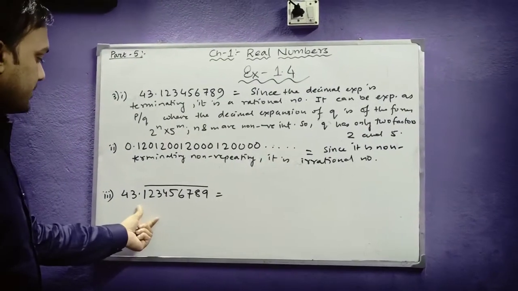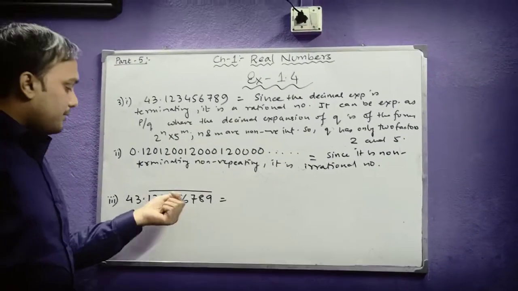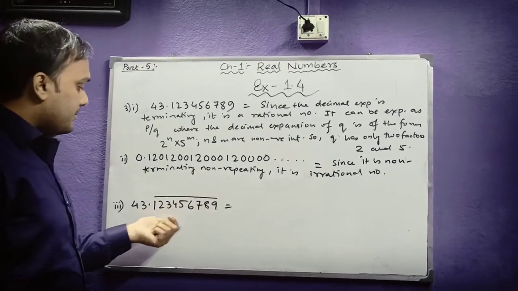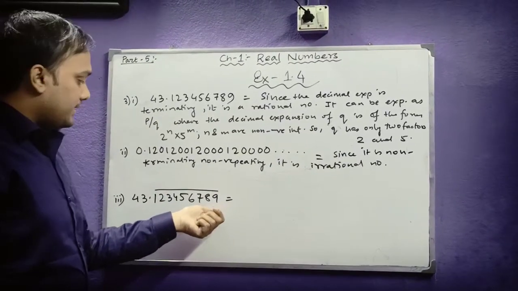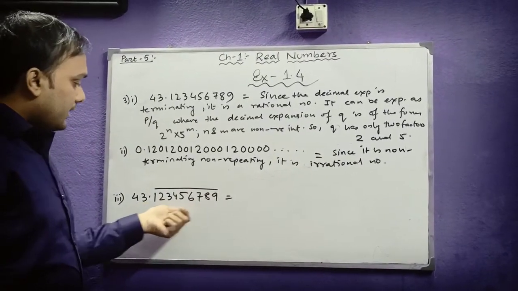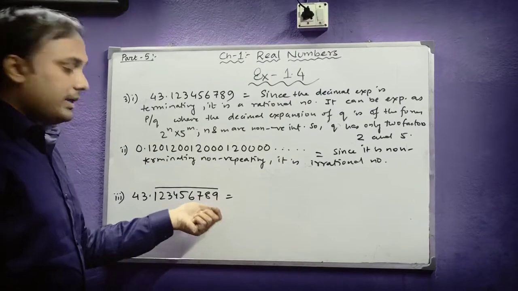Okay, the last question: you can see here that there is a bar sign above the decimal numbers. That means this is a non-terminating repeating decimal expansion.